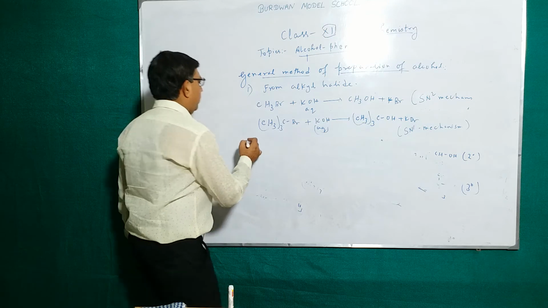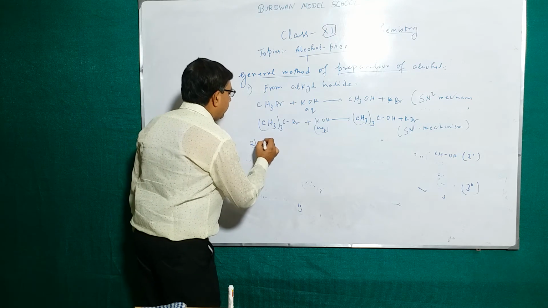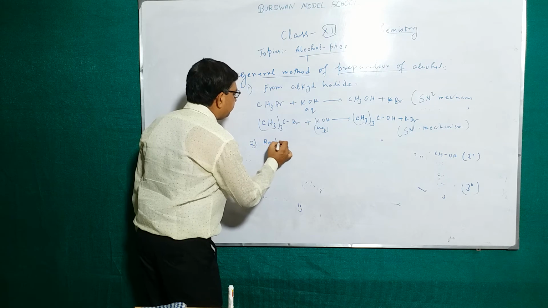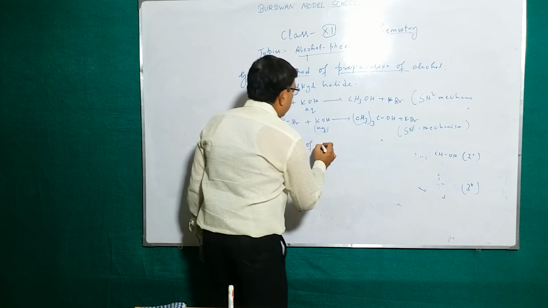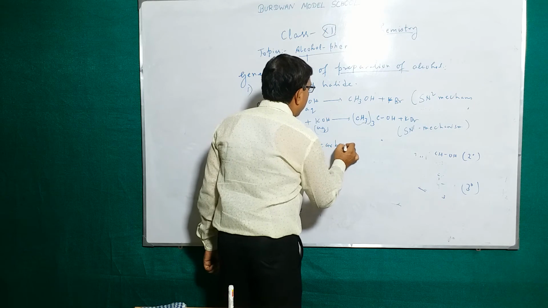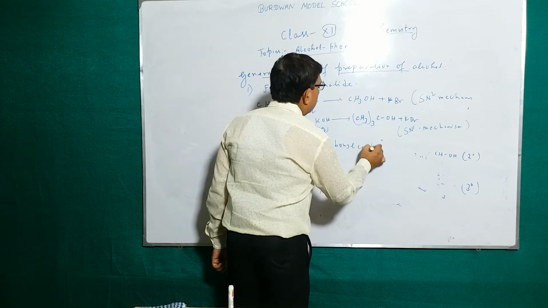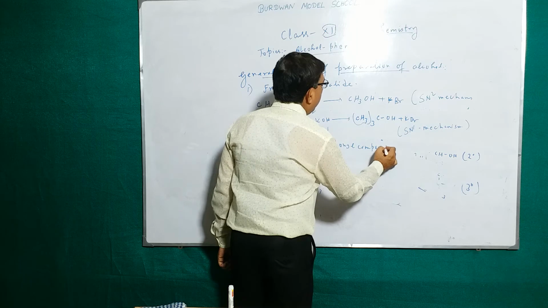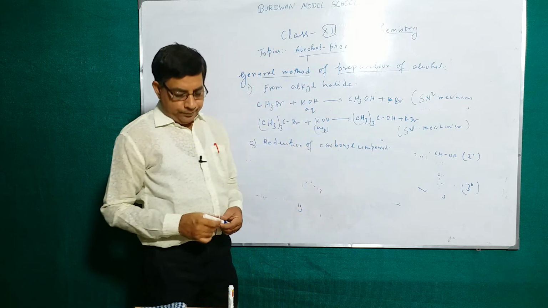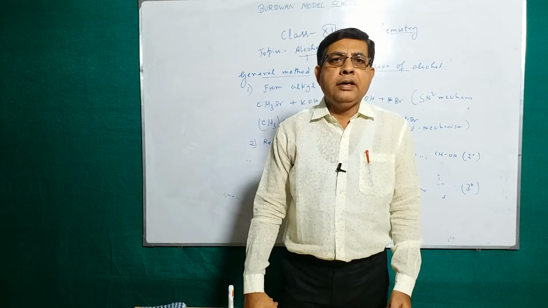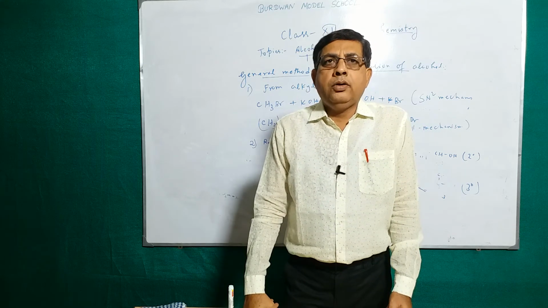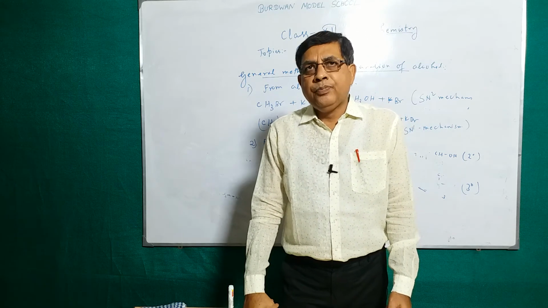This is one method. Number two, reduction of carbonyl compounds. What are the carbonyl compounds? Aldehyde and ketone. Here you remember that an aldehyde on reduction gives primary alcohol and a ketone on reduction gives secondary alcohol.